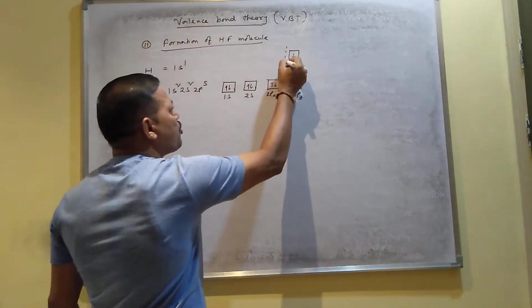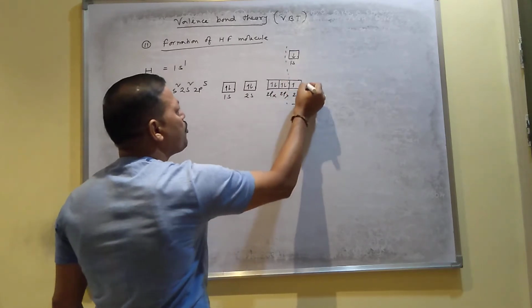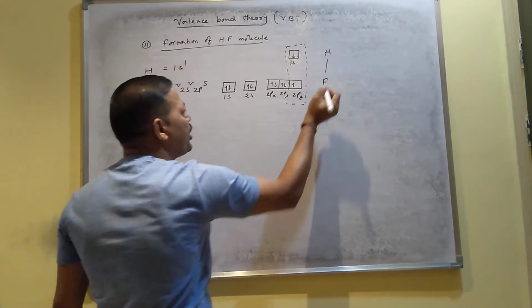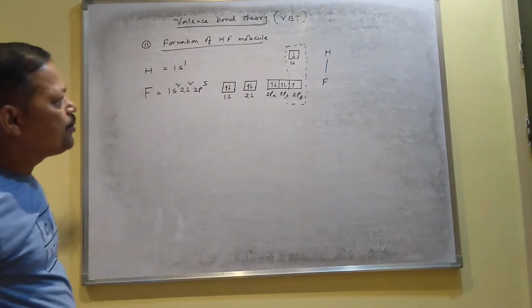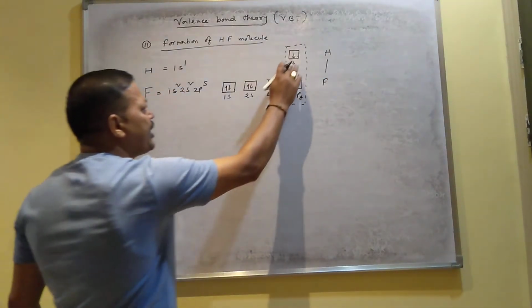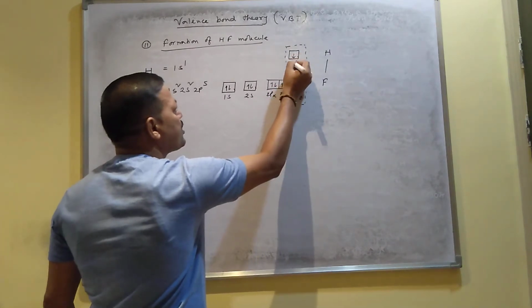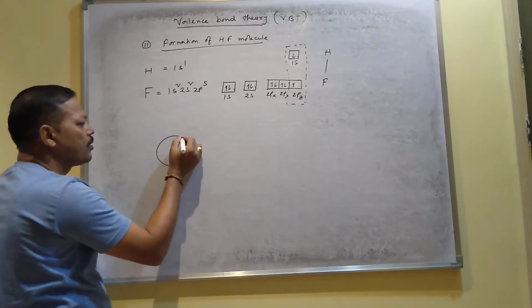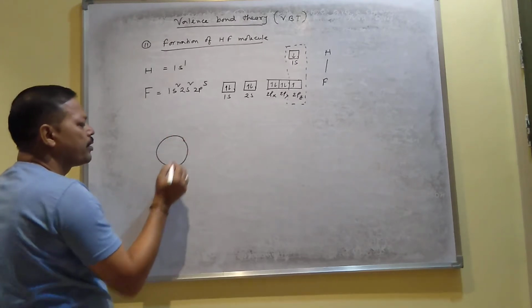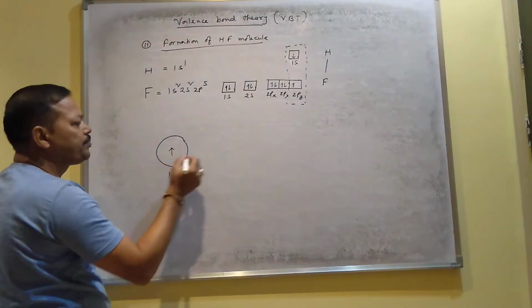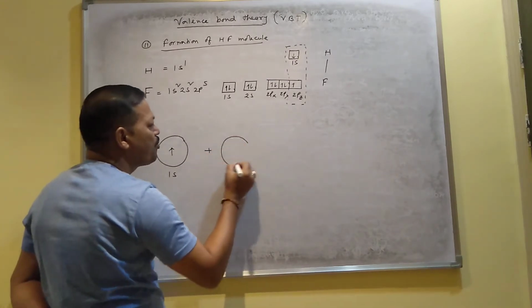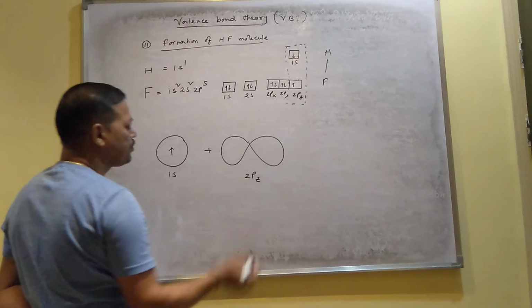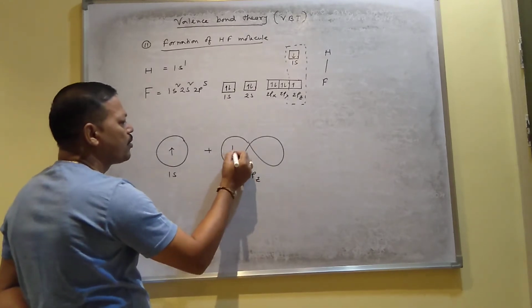So this 1s orbital overlaps with this 2pz orbital, and they form the bond which is the hydrogen-fluorine bond. Now if you want to draw the orbital diagram, this is 1s. 1s orbital is spherical. This is 1s for hydrogen, and this is the pz orbital of fluorine. It also contains 1 electron.